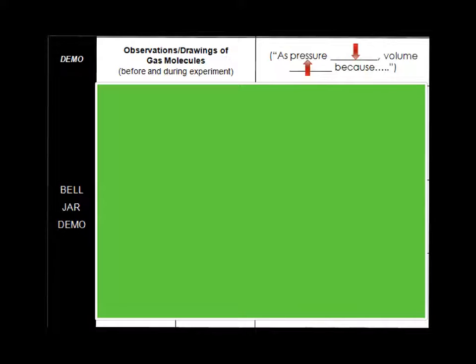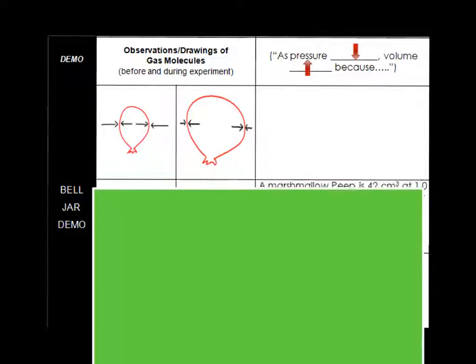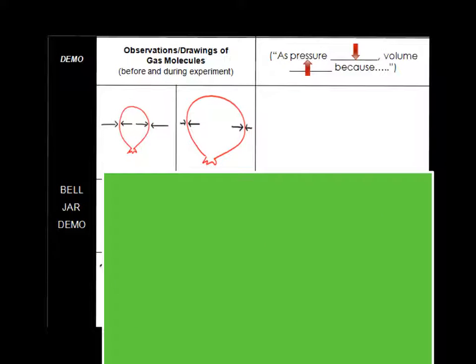Welcome back. So you just got done watching the marshmallow experiment, and what happened was in the video we basically decreased all the pressure from the marshmallow's environment, and when we do that the volume of the marshmallow is increasing because there's nothing to hold the marshmallow in place anymore. So when we draw this in our picture on the left hand side here, you should have something with equal pressures.